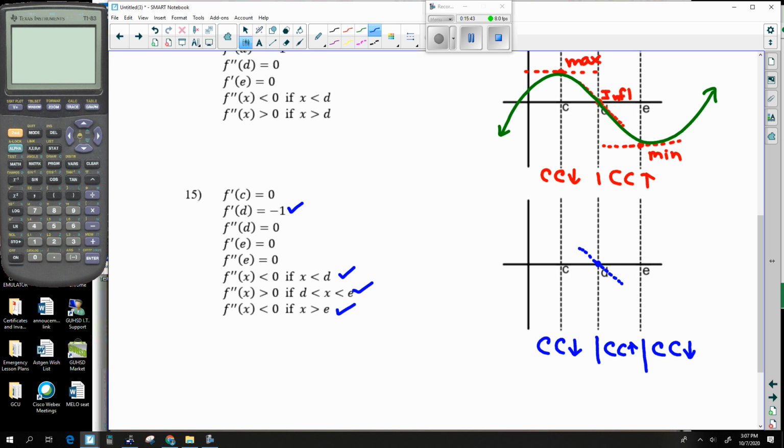The second derivative is equal to 0, so that is most likely an inflection. First derivative at E is 0, so this is most likely, well, it looks to appear to be a min, but it's not really a min because it's not purely concave up.